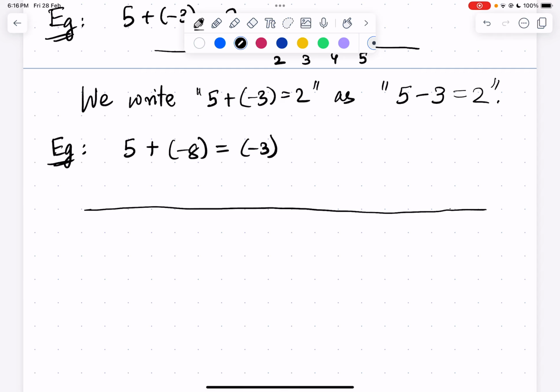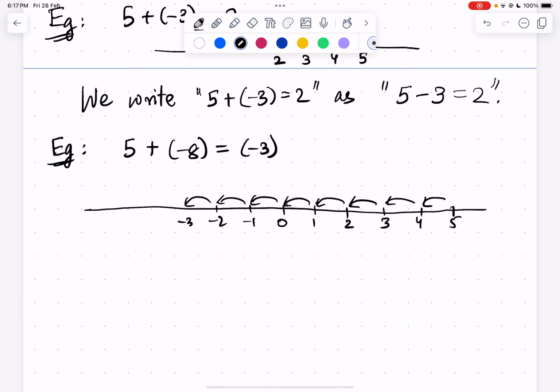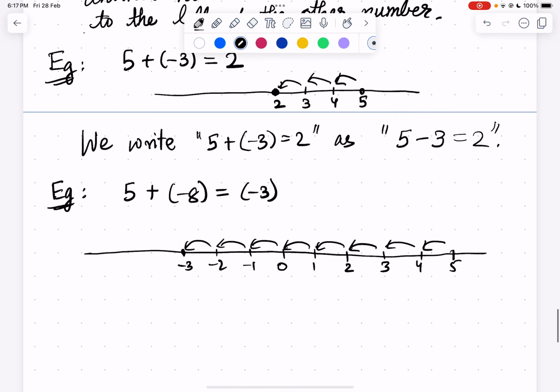If you begin at 5 and you take 8 steps backward, you get to minus 3.